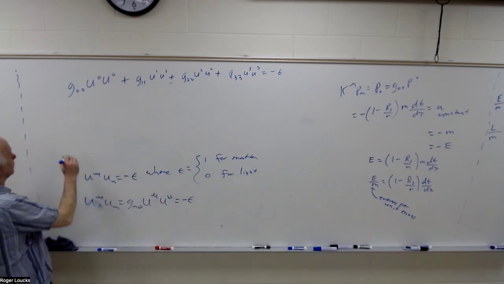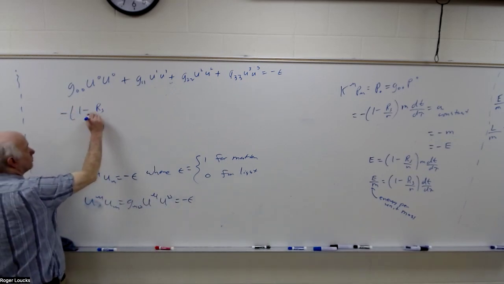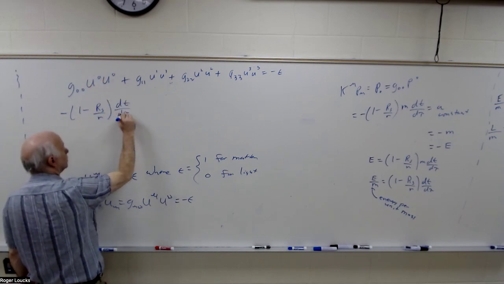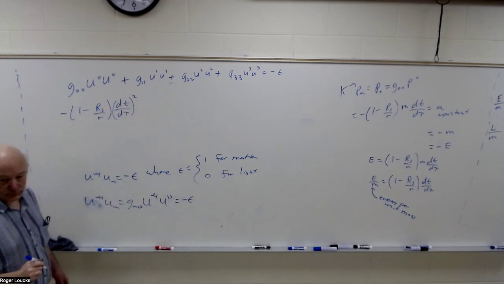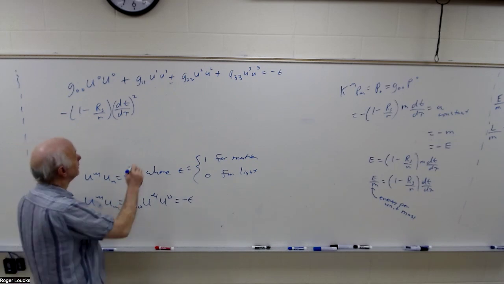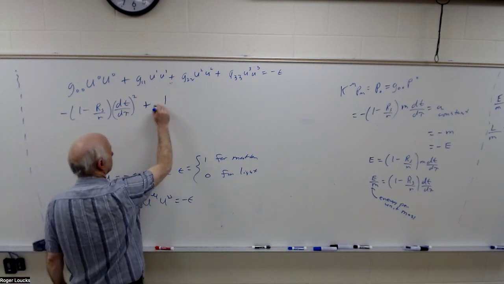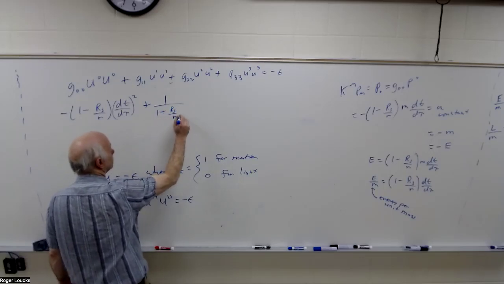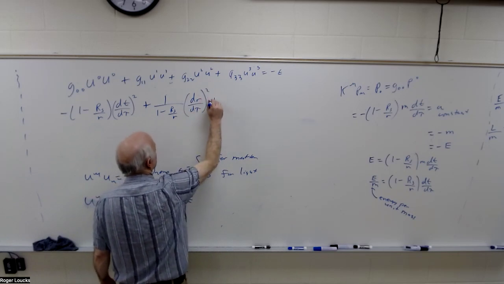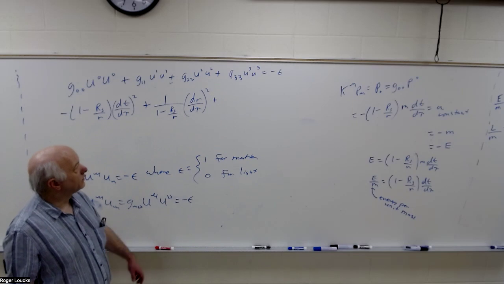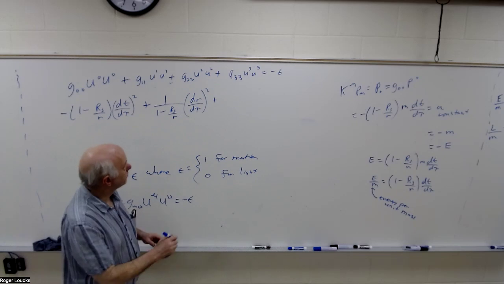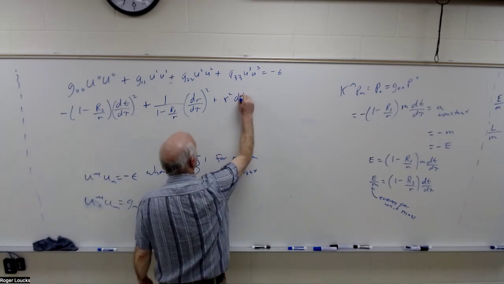Now, what is this guy here? This is going to become minus (1 minus Rs over r), and this fellow here becomes (dt d tau) quantity squared. Plus, what is my buddy here? It was 1 minus Rs over r, times (dr d tau) squared. Plus, this would become r squared (d theta d tau) squared.